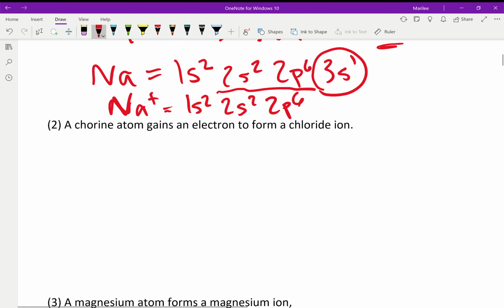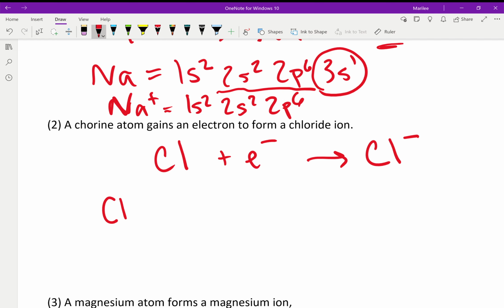Another example is a chlorine atom gains an electron to form chloride ion. So that's the other way. So we have our chlorine gaining an electron, and we get the chloride ion. And if I show this in the Lewis structure, chlorine has 7 electrons, right?